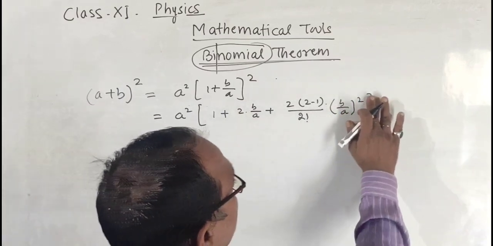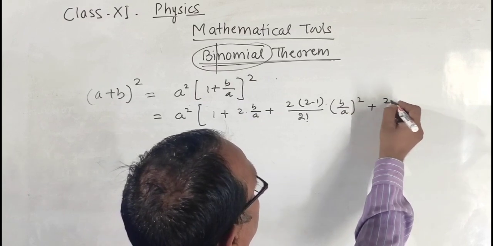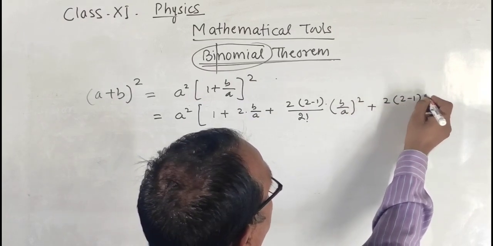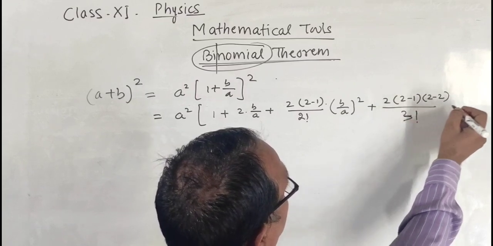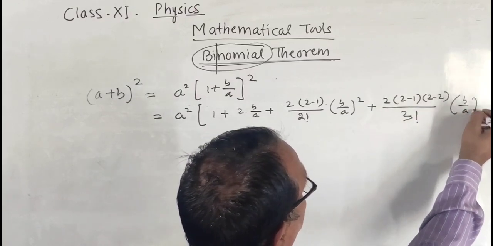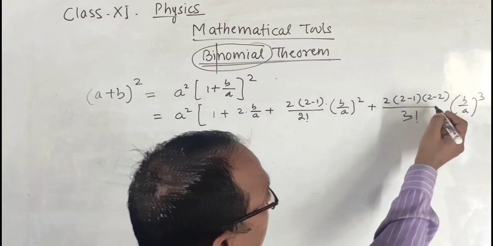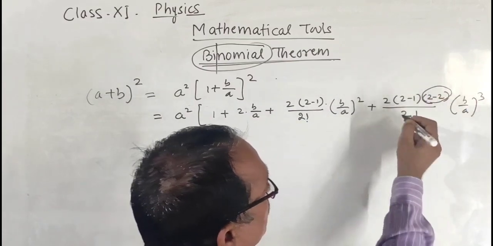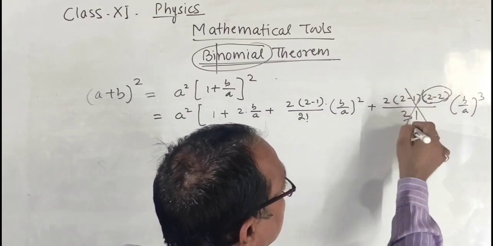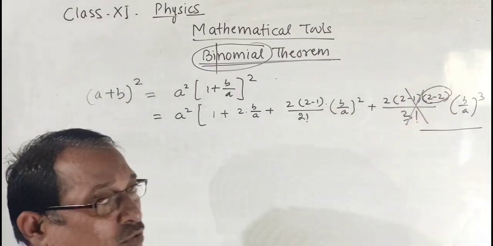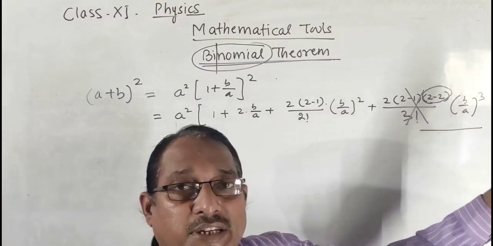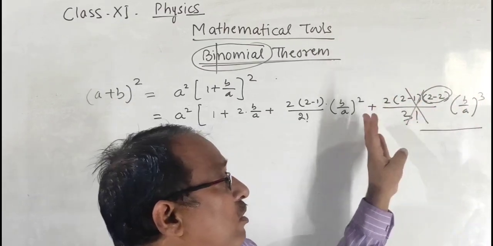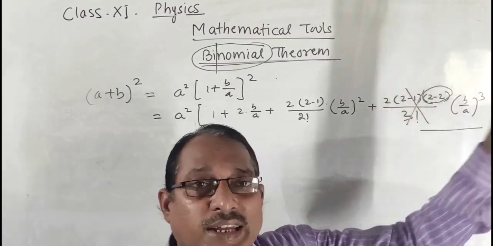And further if we write, then it will be n into n minus 1 into n minus 2 by factorial 3 and b by a whole cube. Very easily we can see that here it is 2 minus 2, so it is converted to 0. So further terms will also be 0, because in each and every term 2 minus 2 will be generated. So all the other terms will get cancelled out.